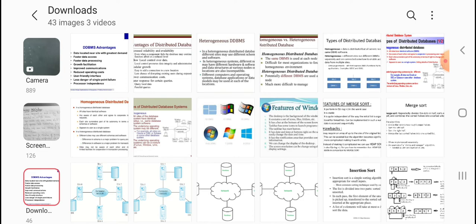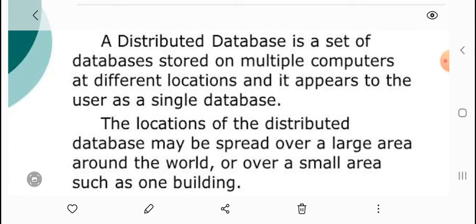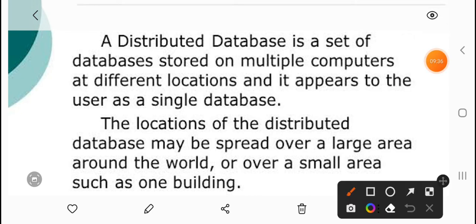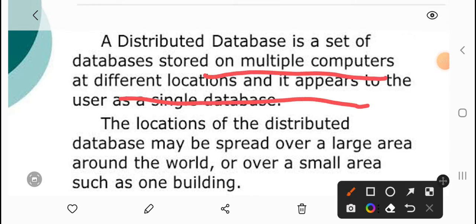I'll go to that particular slide once. See here, a distributed database stores the database among multiple computers which are connected through a local area network or the internet, so that they can give service to the clients in a faster manner, as we have discussed.